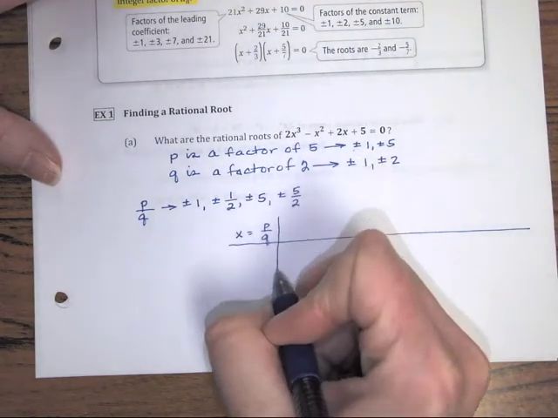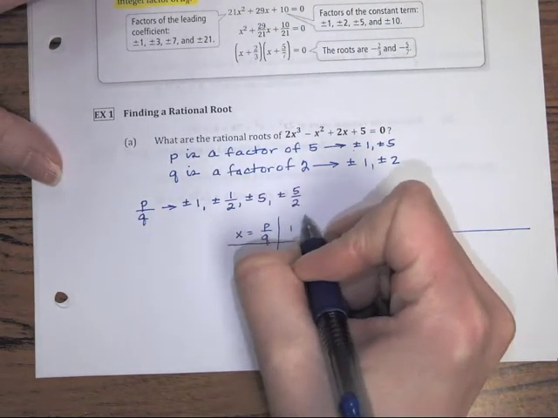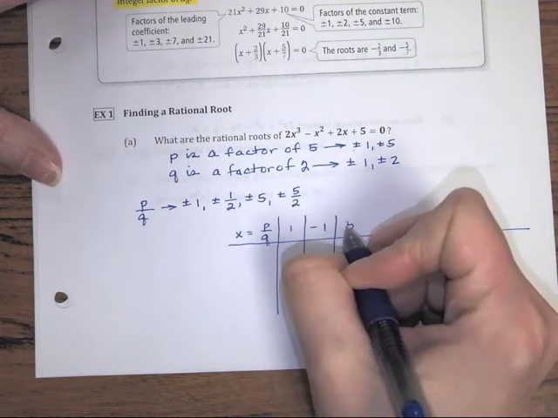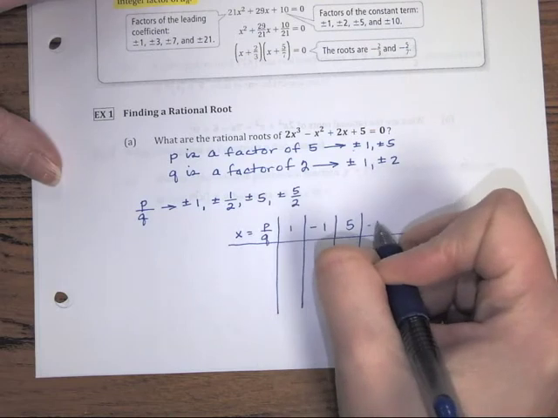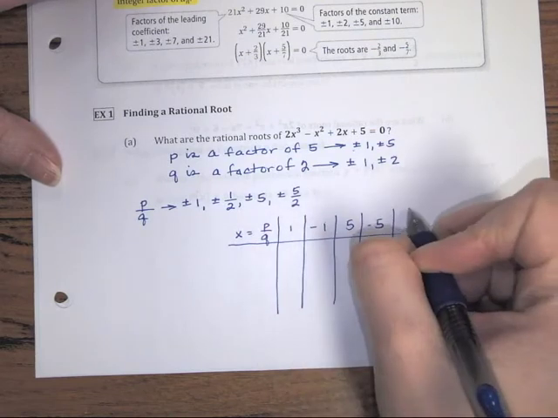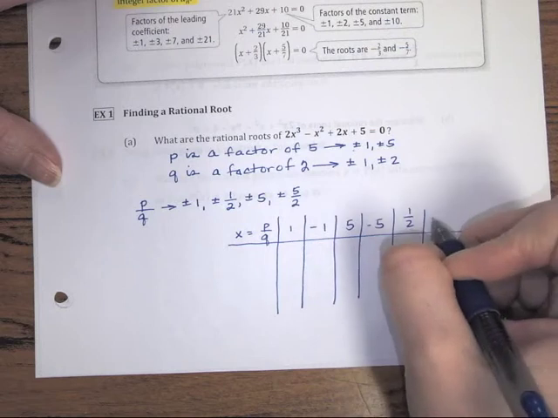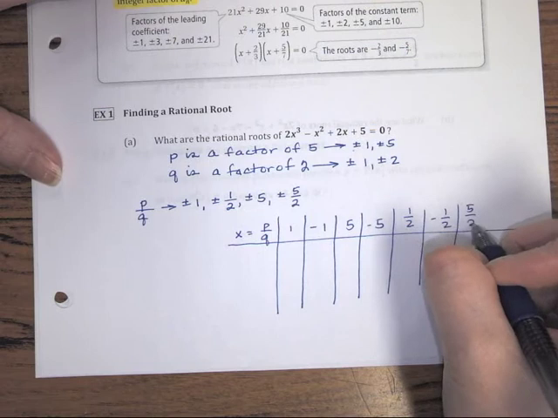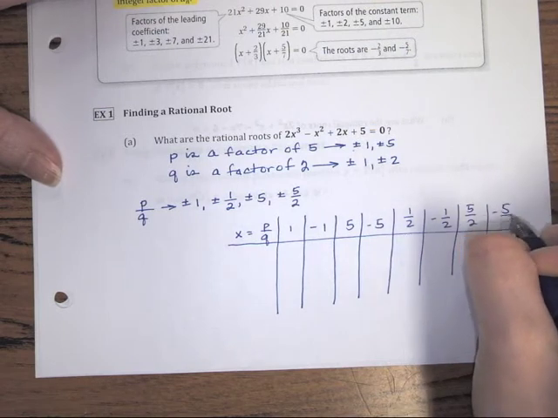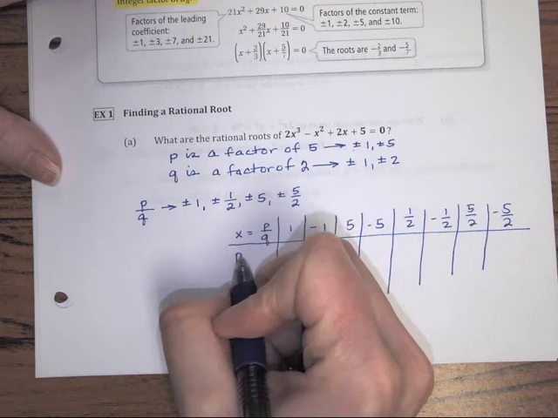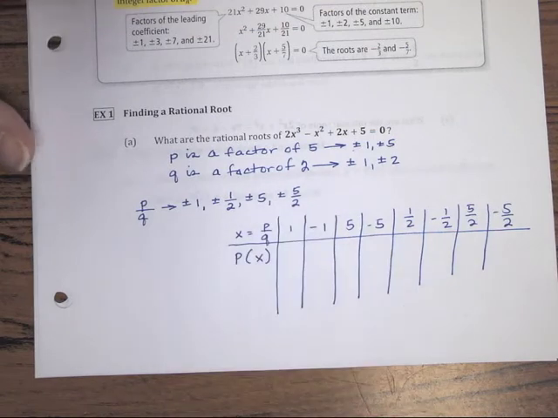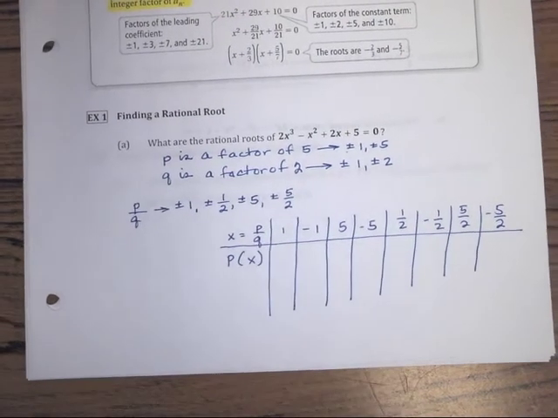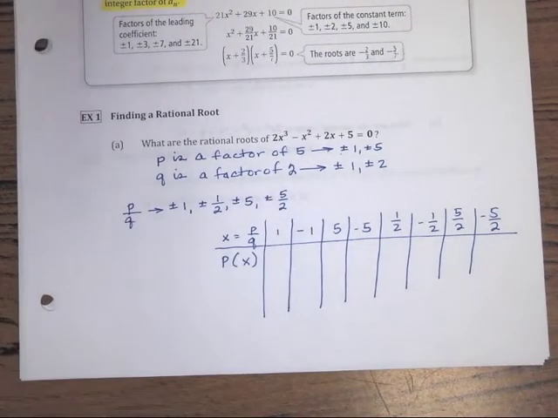Let's make a little table, and I'm going to put 1, -1, 5, -5, 1/2, -1/2, 5/2, and -5/2. And what I want to find is P of X. All I want to do is, if it is 0, then it's a root.